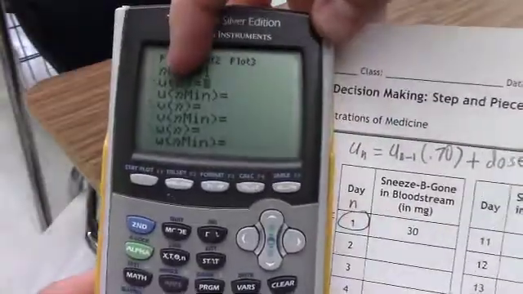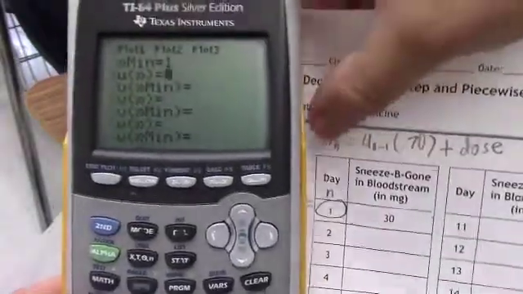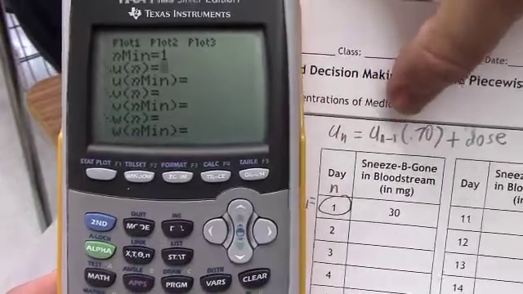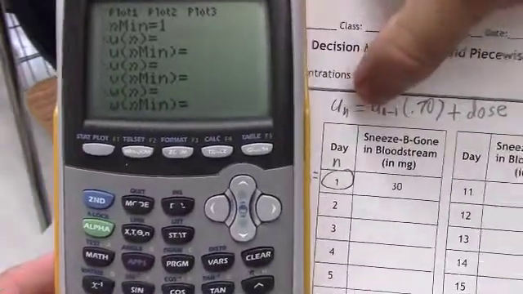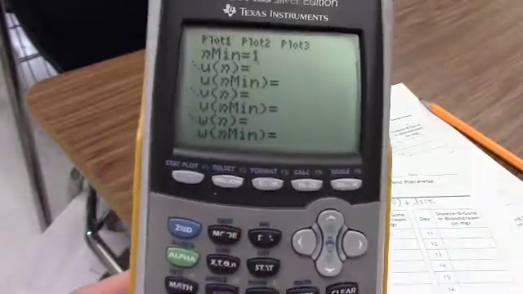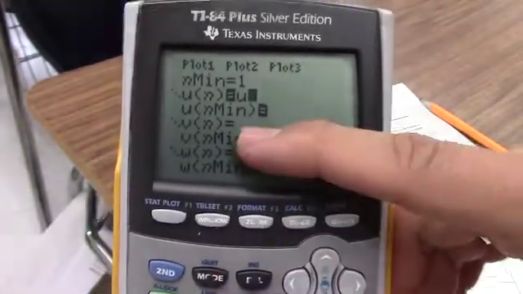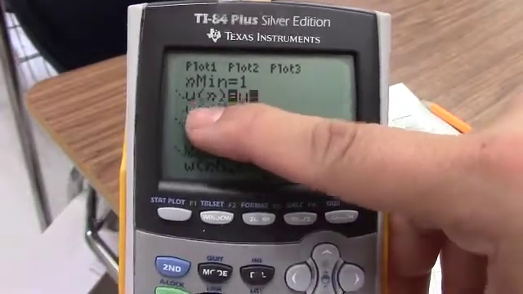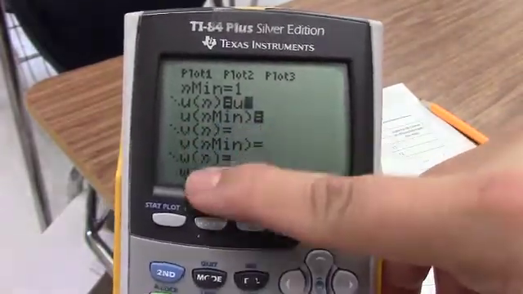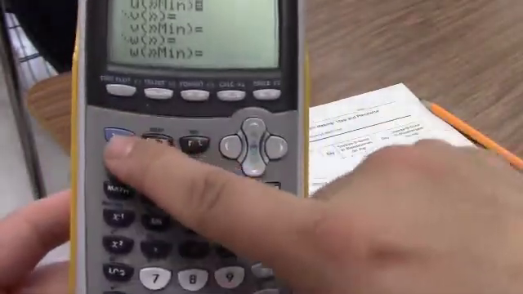The next part, if you notice, you have U sub n right here. So now we're just going to enter in this part. To get U, we hit second and 7. That brings up that U. Now, if you notice here, we have U, V, W. If you look at these letters, this is the way the calculator is set up.